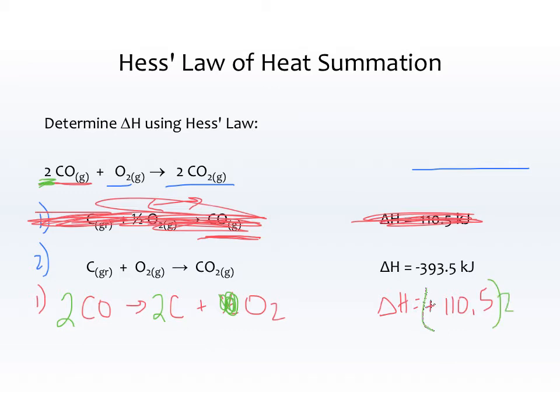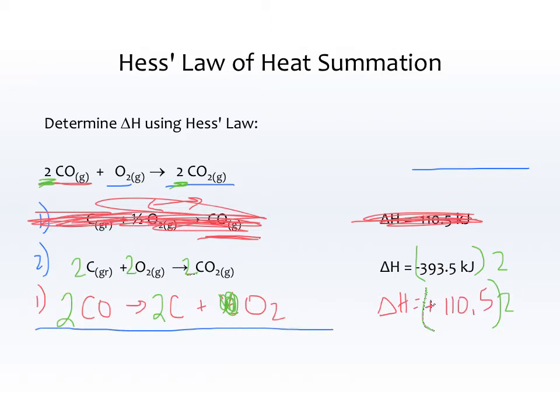Make sure everything changes, delta H changes with the reaction. And then for the product, I see 2 CO2, which is fine because this is a product like it should be, but there's only one of them. So I'm going to multiply this entire reaction by 2. 2, 2, 2, and 2. Now let's add it up and see what we get.